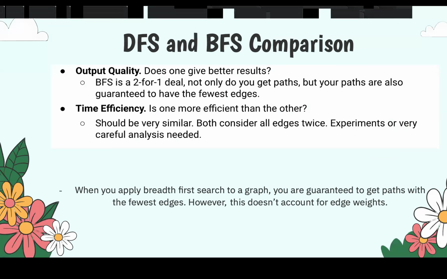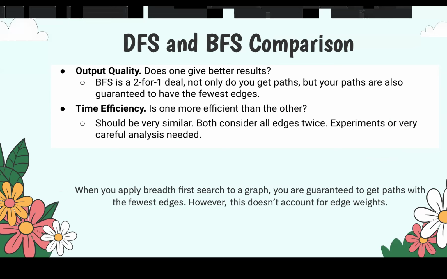So, a comparison of DFS and BFS. I didn't put runtime on the slide, but runtime is V plus 2E, because at max you're considering all the vertices once and all the edges twice. The reason for this is that each edge is connected to 2 vertices, so when we're exploring each vertex, we explore that edge once from each side.